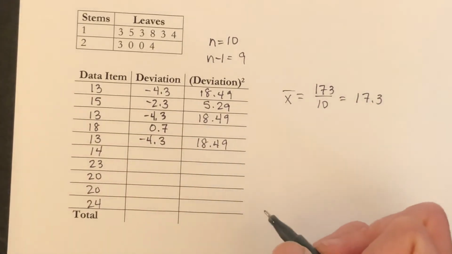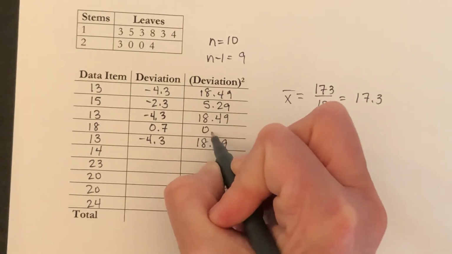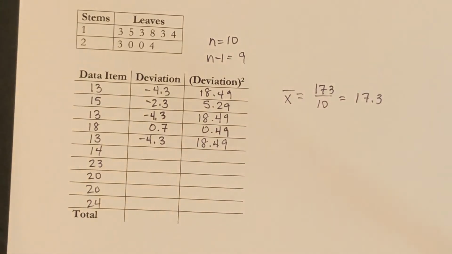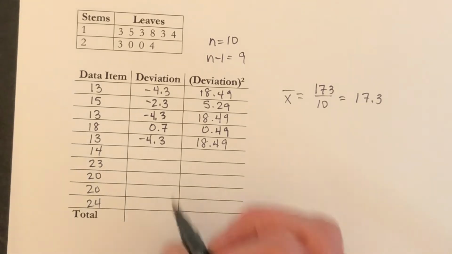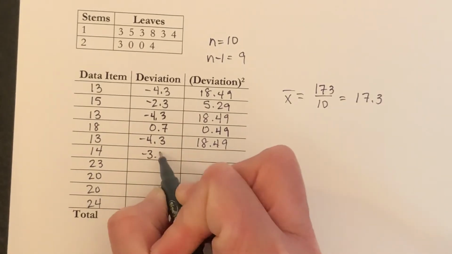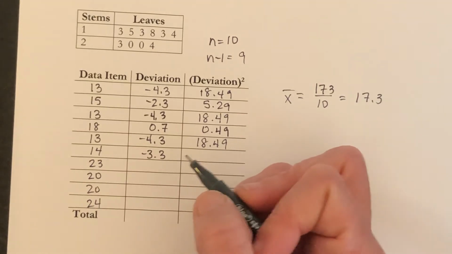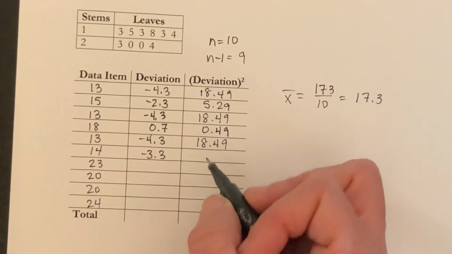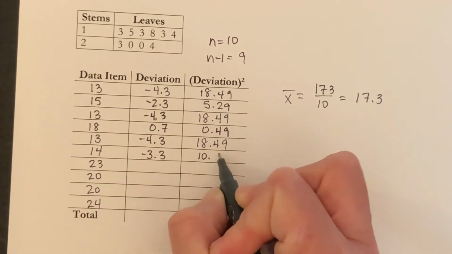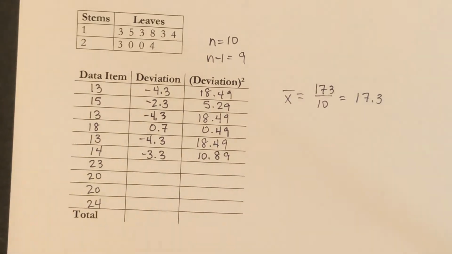And if I square that, I get 0.49. 14 minus the mean, I get negative 3.3. And then if I square that, I get 10.89.